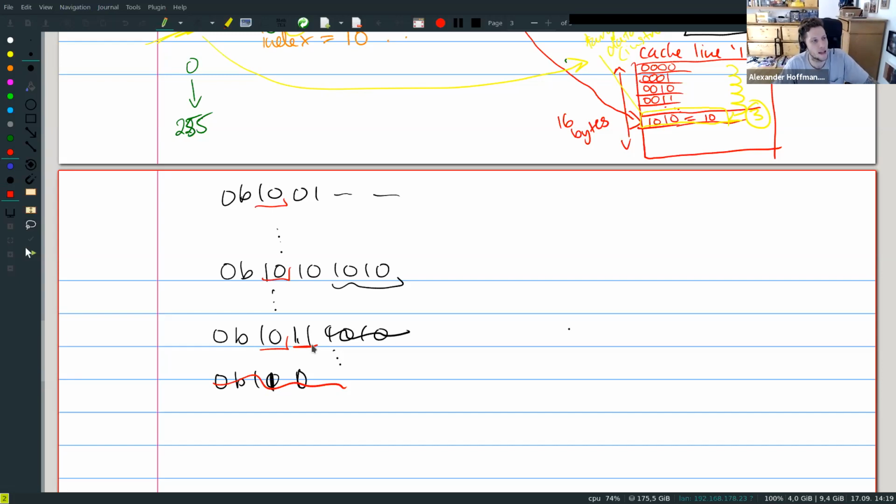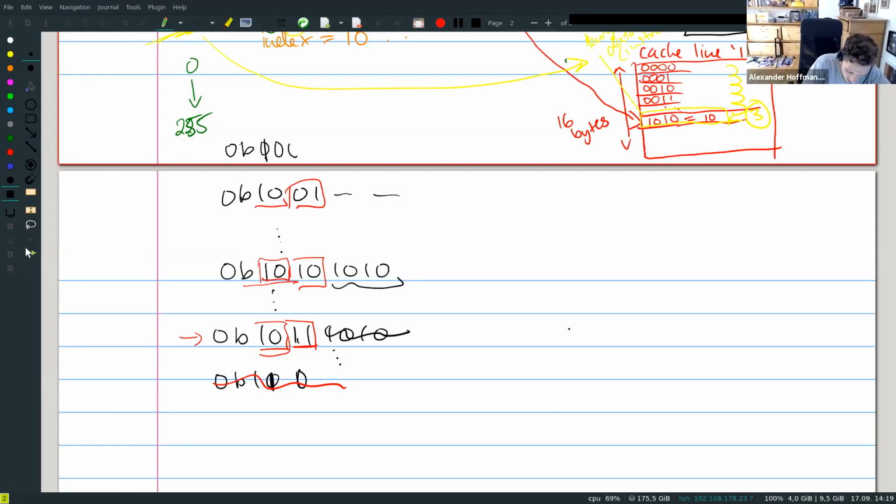Meaning in that cache line, we'll only ever be able to get one memory block that actually has this tag, because this memory location would always end in the 10 cache line. This one would always end up in the 11 cache line. This one would always end up in the 01 cache line. To make this complete, we would also have the 0B1000 address, so this one would end up in the first cache line.